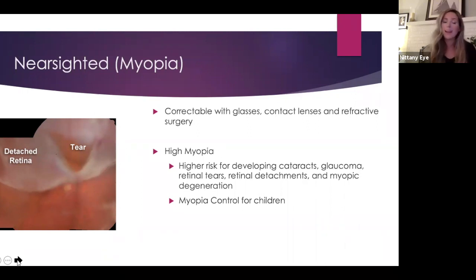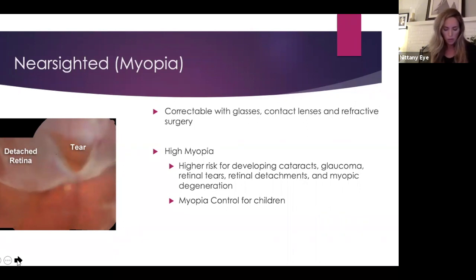That brings me to my next topic, myopia control for children. We found that nearsightedness is caused by genetic factors, but it's also caused by some environmental factors, like being on the computer a lot more. We're seeing a rise in nearsightedness in children. To mitigate this myopia progression and hopefully prevent them from developing eye complications down the road, there are things we can do to slow down that progression of myopia.